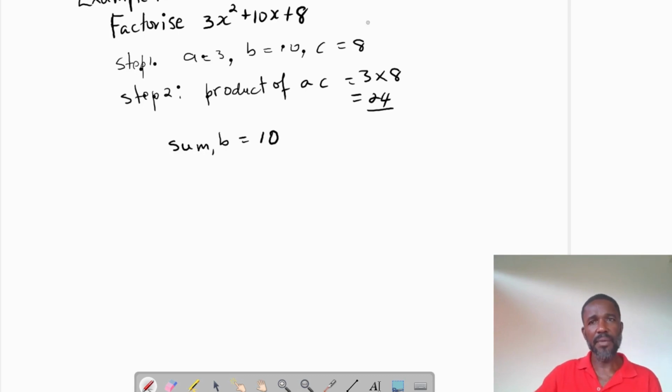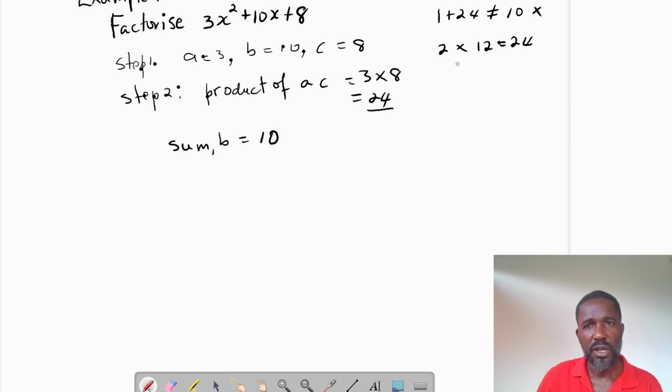So what are those two numbers? We can say 1 times 24 will give us 24, but 1 plus 24 is not equal to 10. So hence these two factors will not work. So we want to try another two factors. 2 times 12 will give us 24, but 2 plus 12 is not equal to 10.